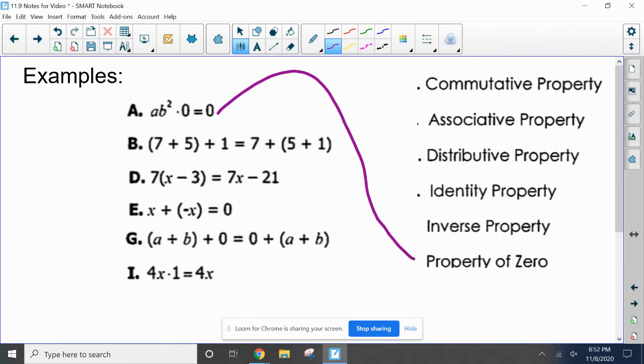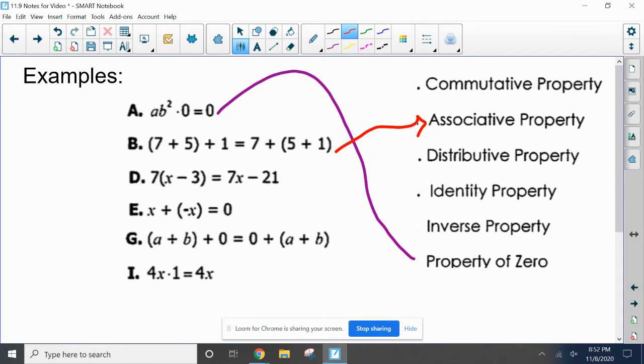All right, my next one, I have 7 plus 5 plus 1 is the same as 7 plus 5 plus 1. All we've done is changed the groupings. We did not change the order. Which one of those talked about changing our groupings? Or our association? Change our friends that we're associating with? That's right. Our associative property is our grouping one. If you can remember grouping, you'll remember the associative property.